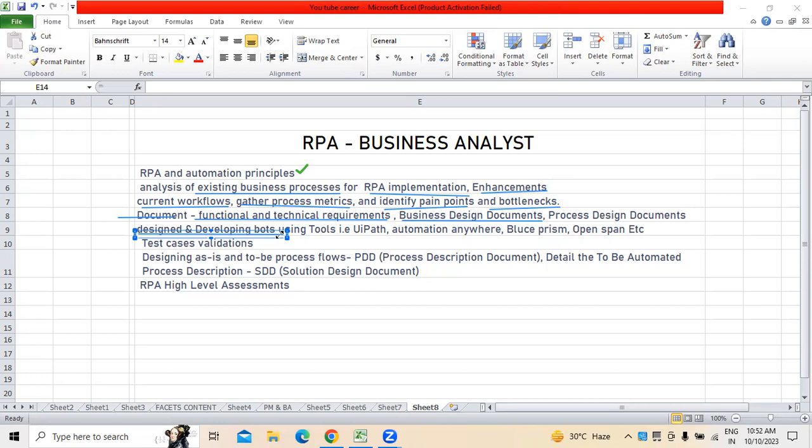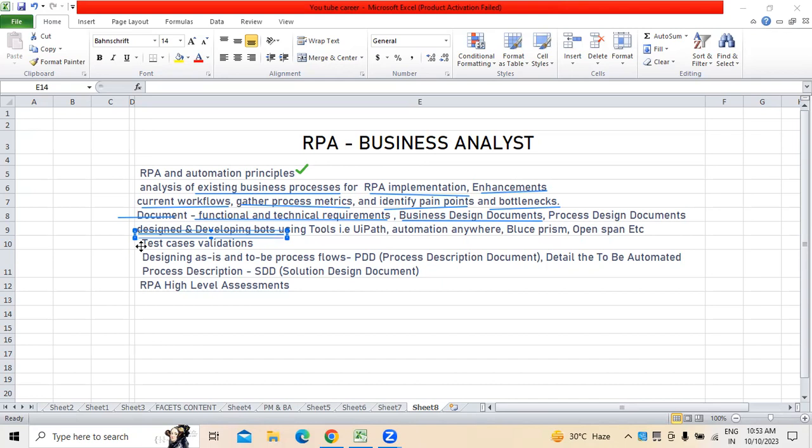Of course, any tool is essentially required. So using that tool, we need to design and develop software bots. This is also one of the prominent elements: creating workflows and designing bots so that we can record the activities. All these things are essentially required for a BA.